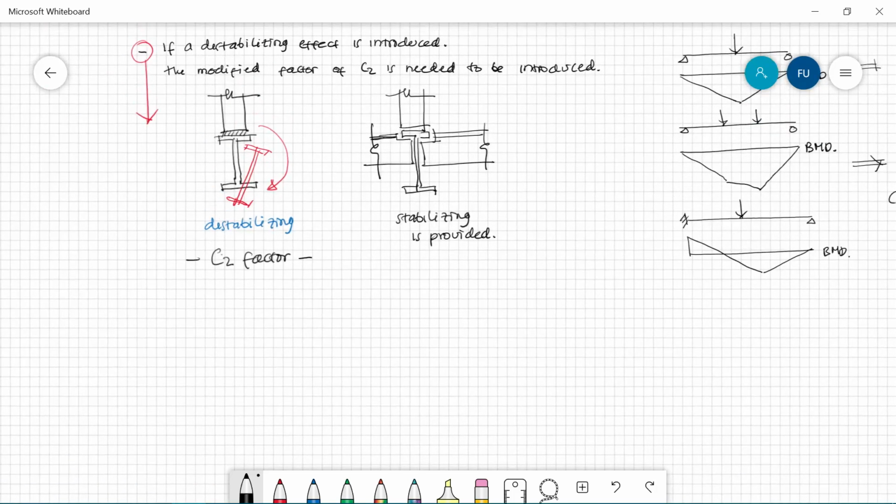There's the C2 factor. It will lengthen the expression of MCR.